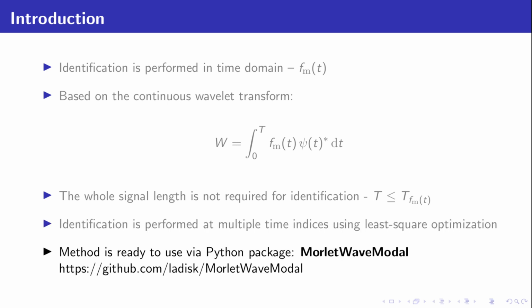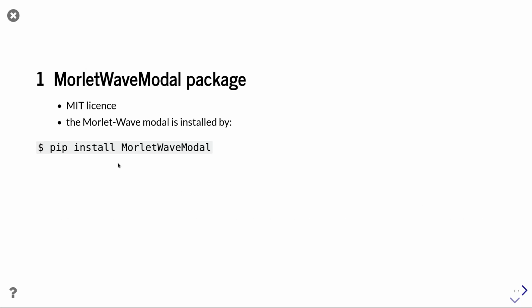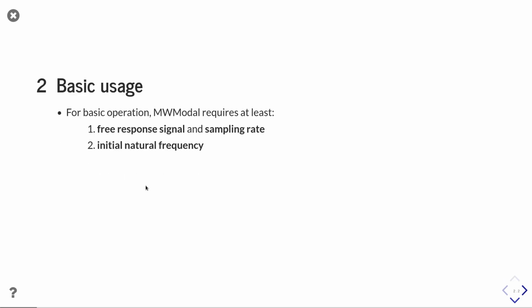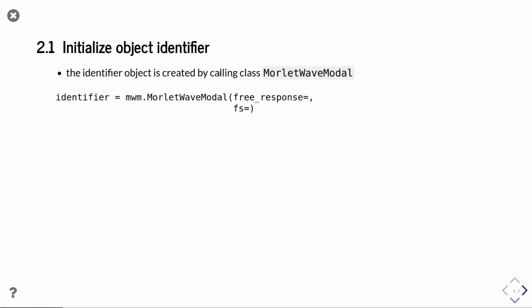The method is ready to use via the developed Morlet-wave modal Python package, whose source code is available on GitHub. This package is developed under the MIT license and is installed using the pip package manager. This is a recommendation for importing it into the code. For the basic usage, the method requires the free response signal, its sampling rate, and the initial natural frequency. Identification starts with initializing the object identifier by calling the class Morlet-wave modal.